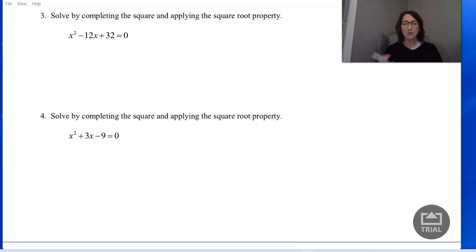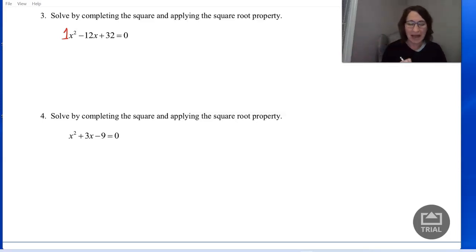Okay, so first thing that we do is we notice that our leading coefficient is a 1. So we don't need to divide by that leading coefficient. It's already a 1. Okay, now what we want to do is separate the variable terms from the constant term. What does that mean?